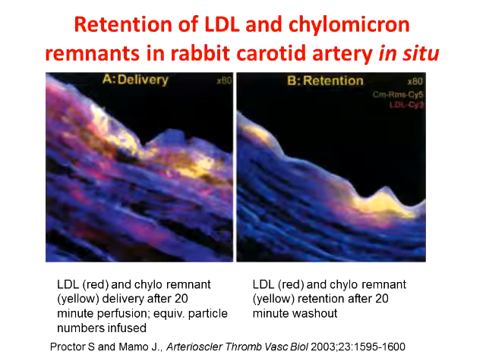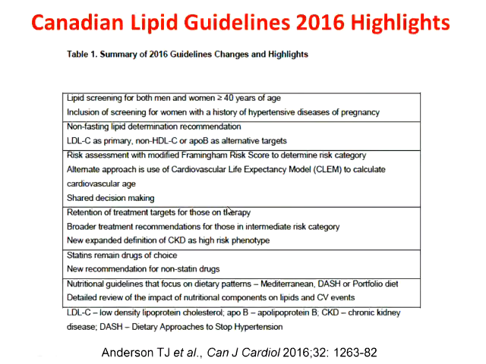So I'm trying to figure out the reason I put this slide here again, to remind you of something. Again, we know that these remnants do accumulate in your artery wall like LDL does.